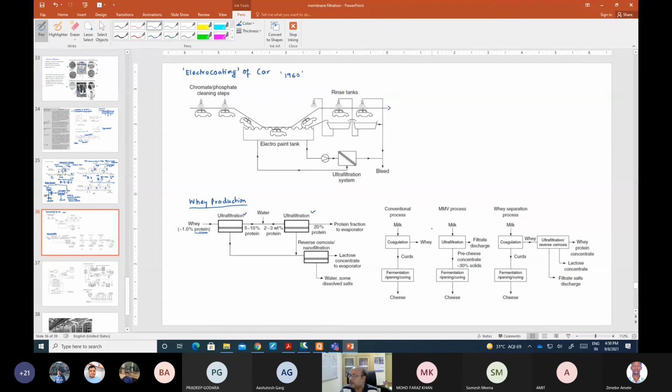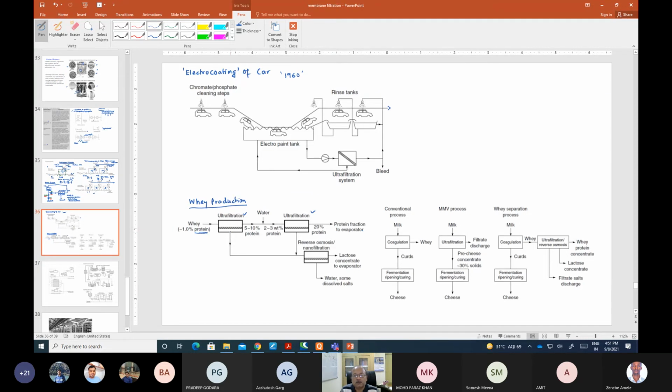The most valuable is the concentrated protein fraction that we take out, and the whey also has a high lactose concentration. So before we use the whey protein as a concentrate, the protein concentration must be increased to at least 60 to 70% on a dry basis, and the lactose content should be as low as possible. So this is how we do it.